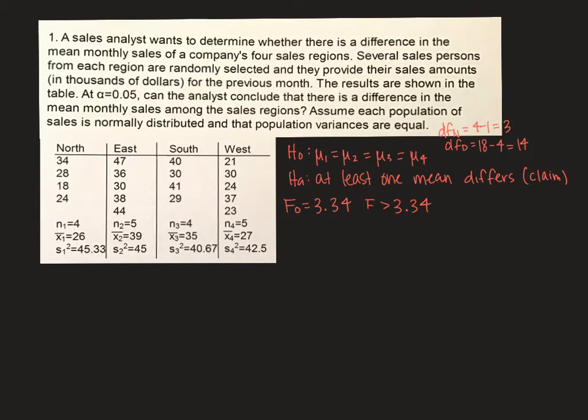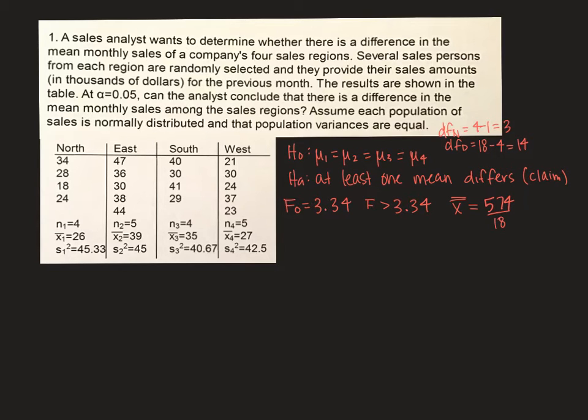So I'm going to find our grand mean. I do that by totaling all of our samples. So 34 plus 28 plus 18 plus 24 plus 47 plus 36 and so on for all 4 of those different regions, which is going to add to 574.